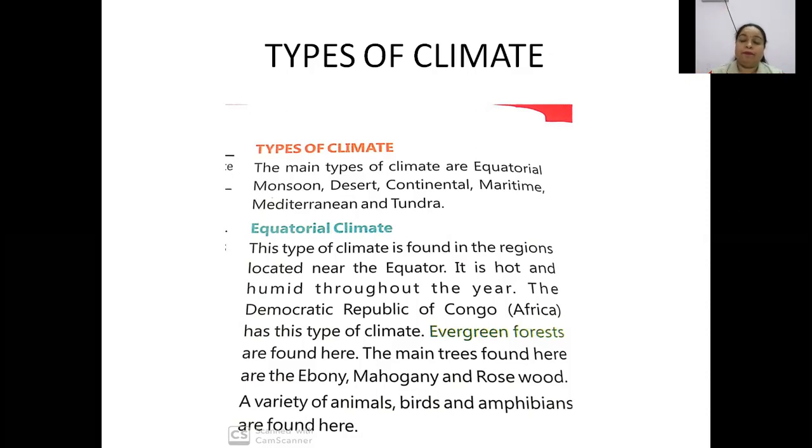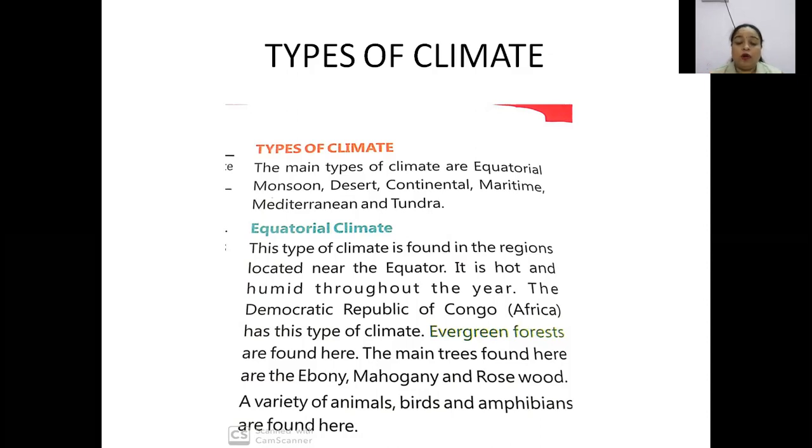So the rainfall happens on that day only. During the day the sun shines, but when the sun goes down, at 4 or 5 o'clock, it rains every day in the equatorial regions. So it has a hot and humid type of climate. Understood the concept? Very good, children.